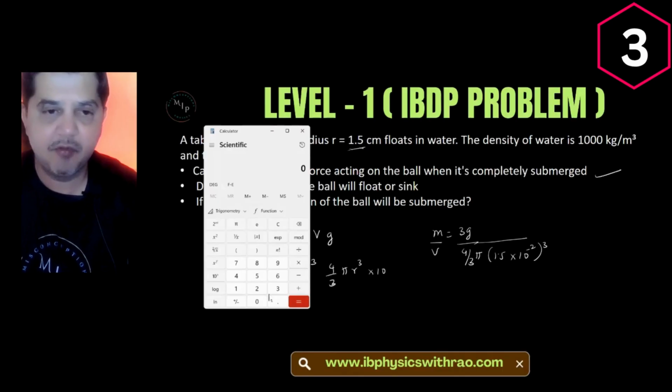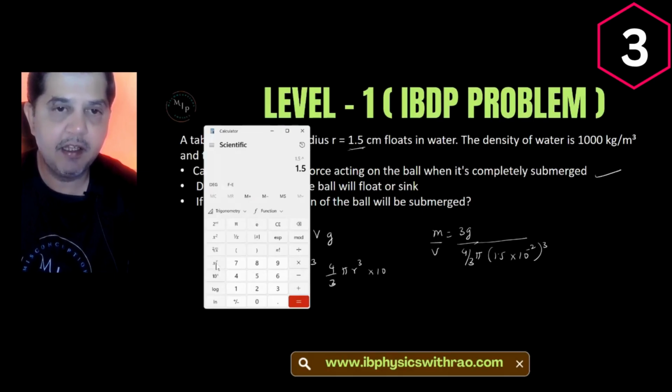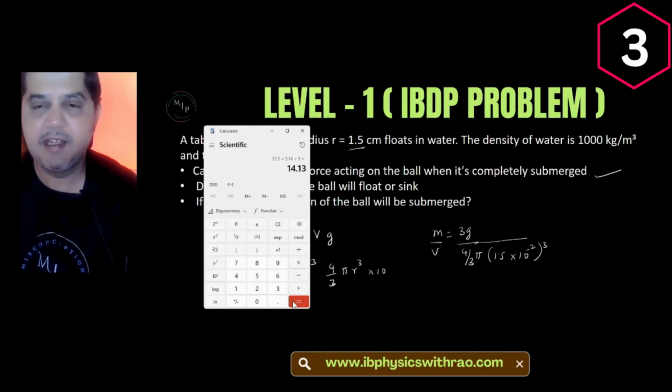What is 1.5 whole cube? 1.5 to the power of 3 is equal to 3.375, right? We're doing it correctly. Multiplied by 4, multiplied by 3.14, divided by 3. When I do this, I get 14.13 into 10 power minus 6.